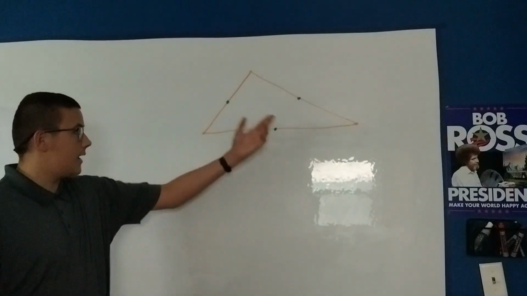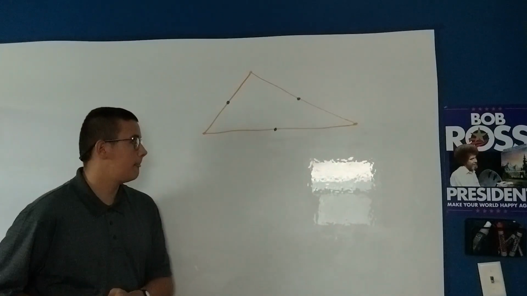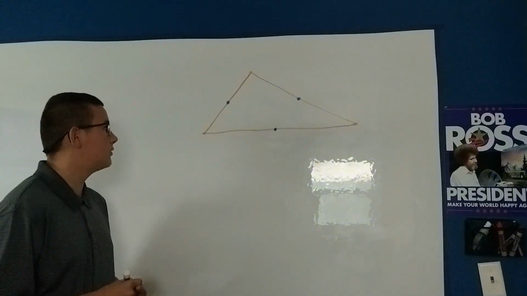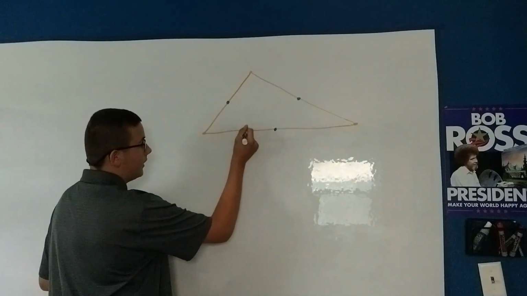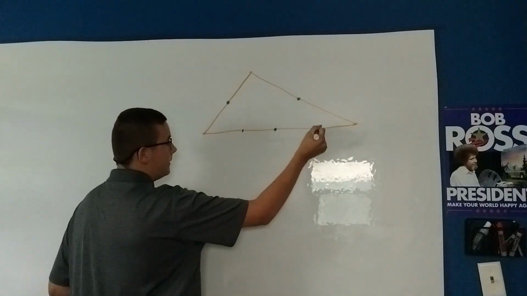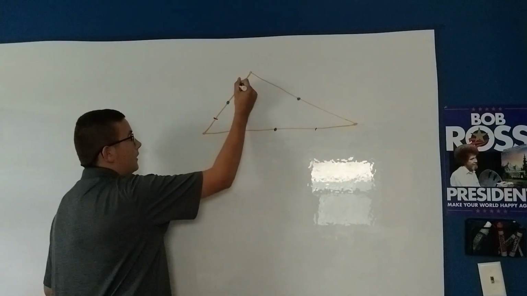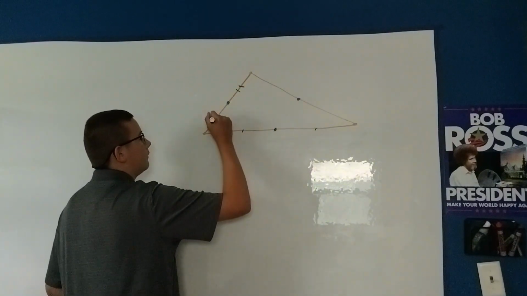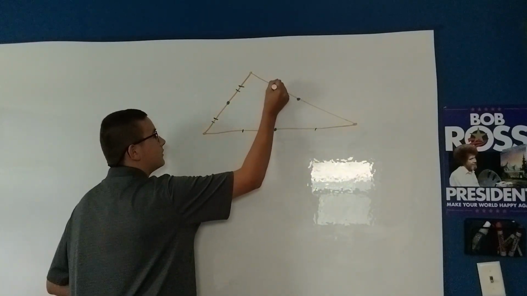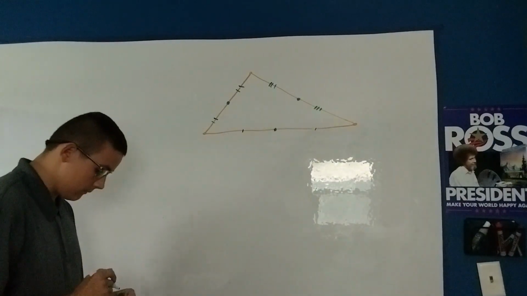So let's say those are our midpoints of these triangles. And what that means is that this side and this side are going to be congruent. This side and this side are going to be congruent. And this side and this side are going to be congruent.